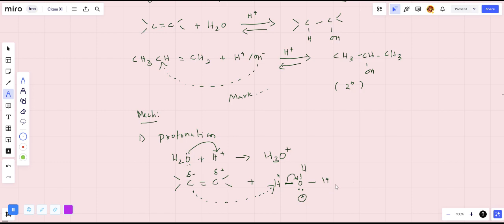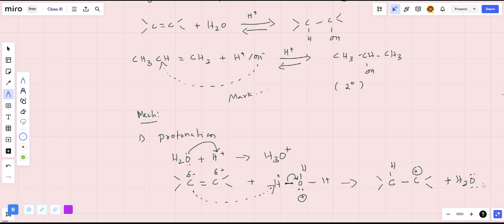So this hydrogen attaches to this carbon, and the other carbon has a positive charge on it. Put a positive here. And the water is separated.